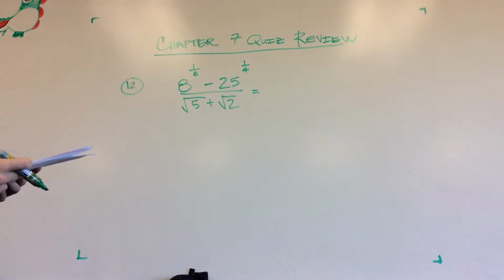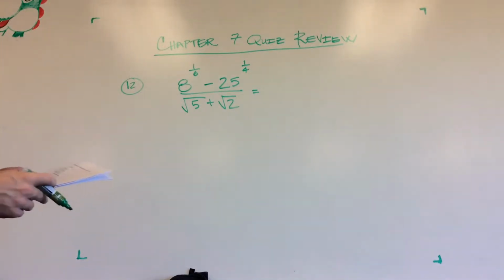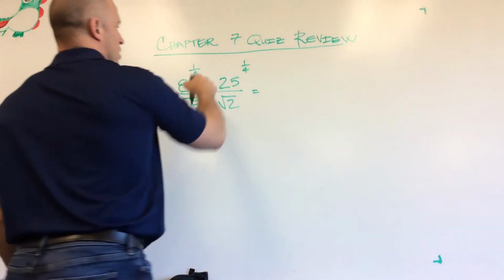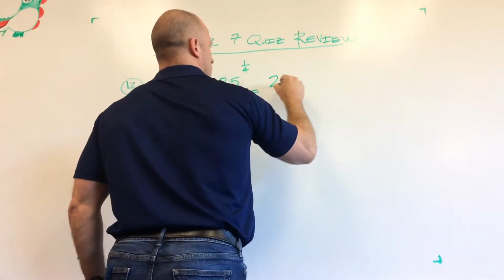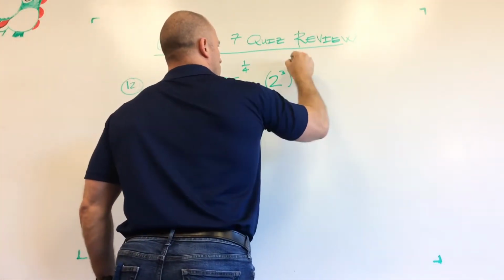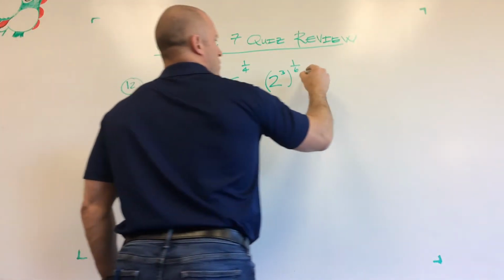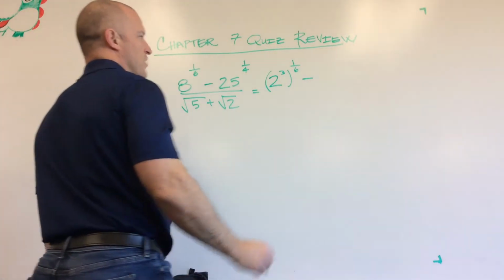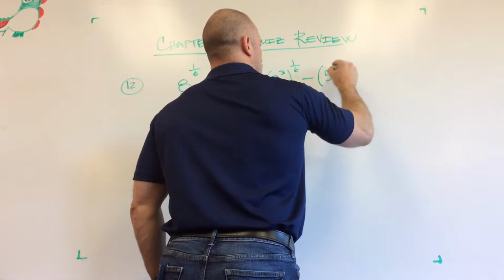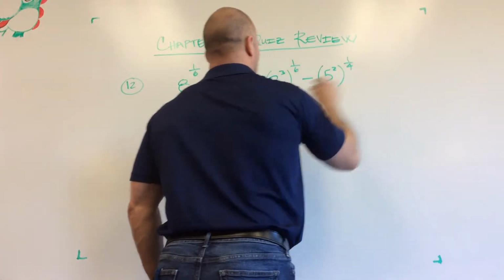So 8 we can rewrite as 2 to the 3rd to the 1/6, minus 25 is really just 5 squared. So 5 squared to the 1/4.